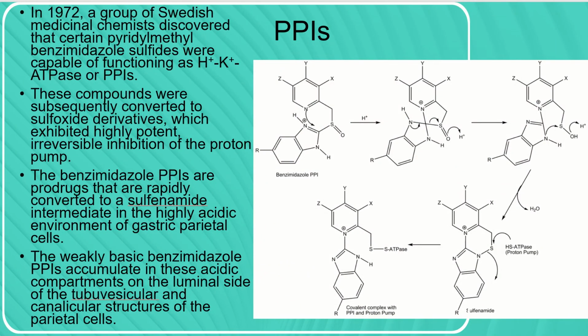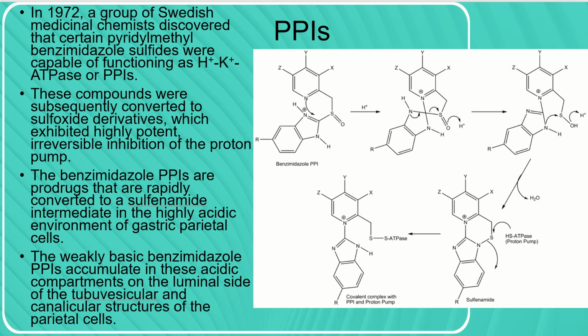And so they are prodrugs that are rapidly converted to a sulfenamide intermediate in the highly acidic environment of the gastric parietal cells.